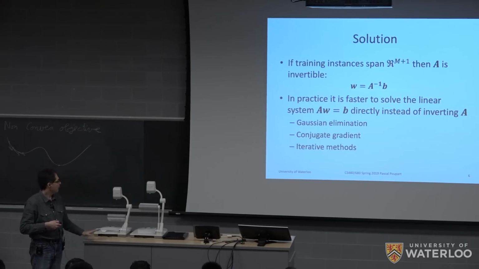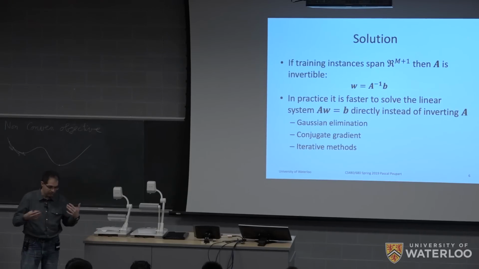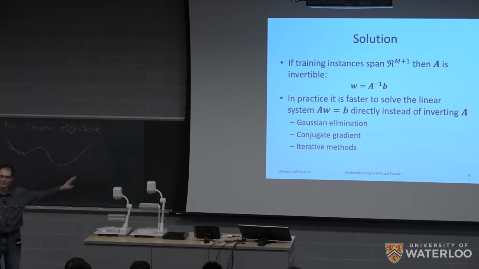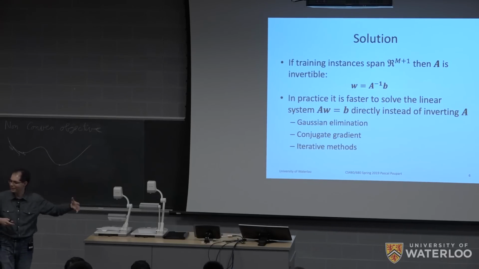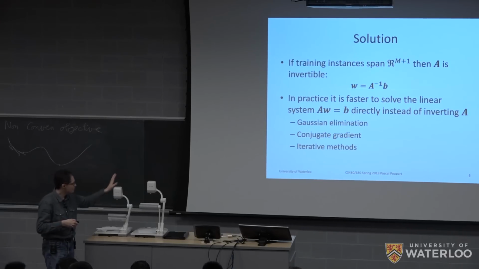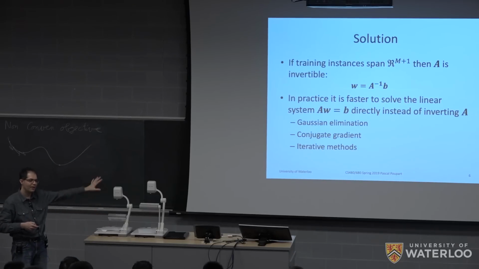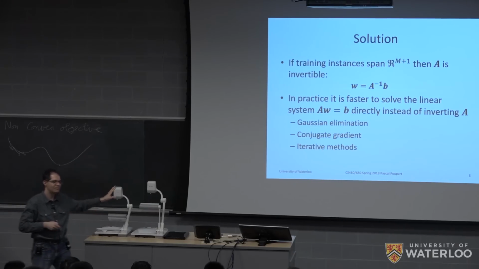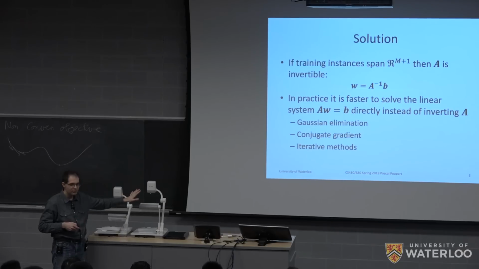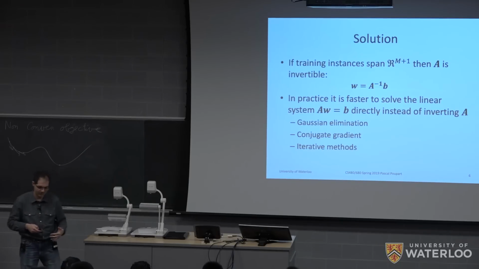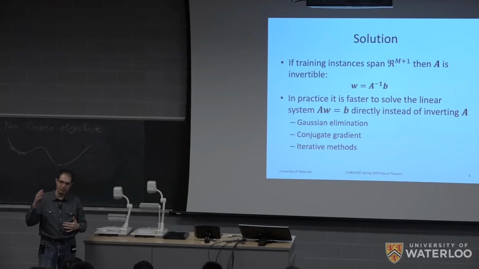Now, this course is not about linear algebra. These topics are covered in other courses, so I'm just mentioning this for your own understanding. In any case, you're not expected to know Gaussian elimination, conjugate gradient, and the iterative methods. For assignment 1, as we saw, there's one question about linear regression.